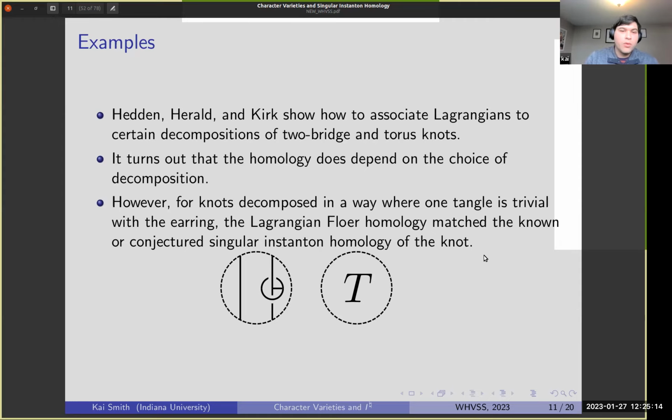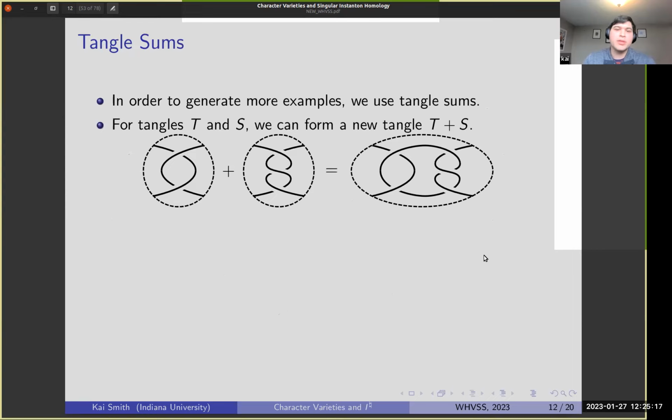So where can we get more examples? For that, we can look to the idea of tangle sums, which is due to John Conway. So for two tangles T and S and a parameterization of their boundary, we can define the tangle sum, which you get just by connecting the two strands up here and the two strands down there and putting it in a new ball.